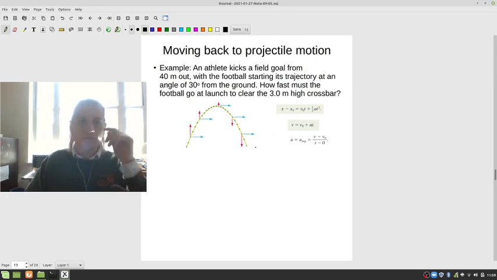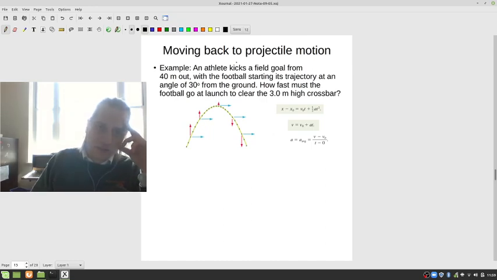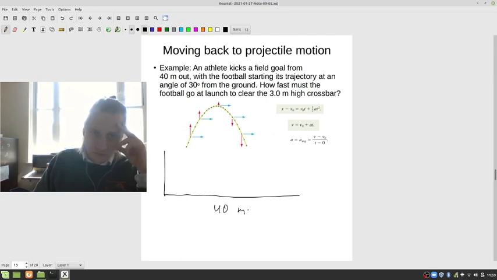Okay, so here's the problem. It says an athlete kicks a field goal from 40 meters out, with the football starting its trajectory at an angle of 30 degrees. How fast must the football go at launch to clear the 3-meter high crossbar?